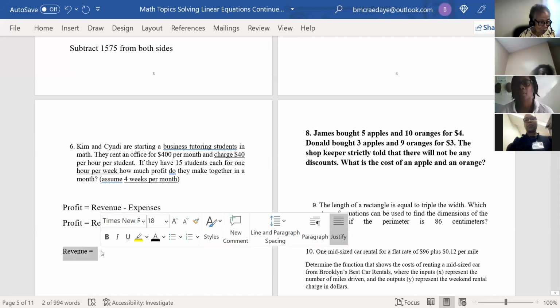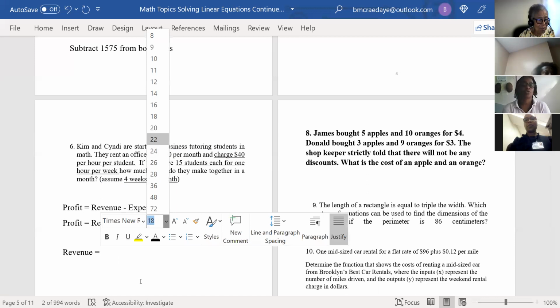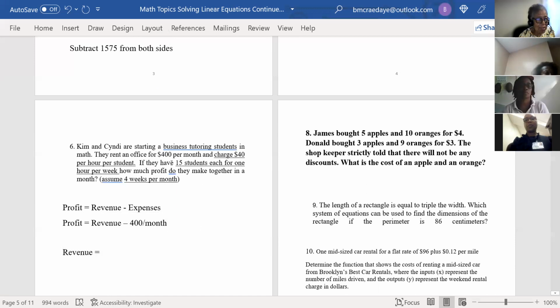So 1 hour per week, that's 4 hours. The 4 is the 4 weeks, right? What is that multiplied by? 15 students.